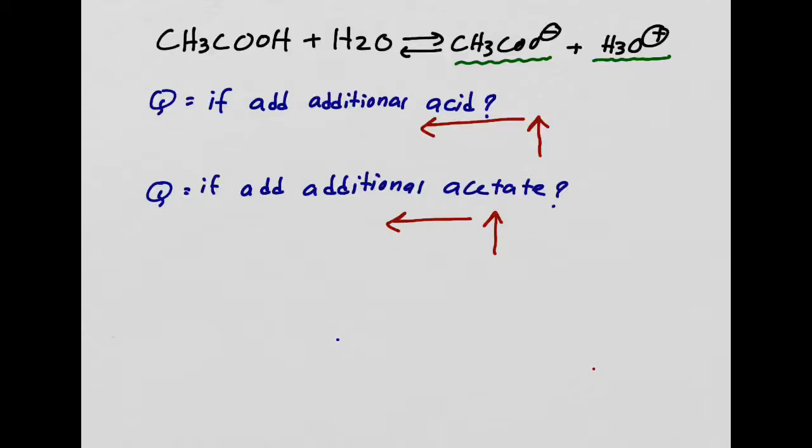Now let's do another practice for this. Let's say I have ammonia, which is a weak base. Okay, so this is ammonia. I do want you to know the name. So take a minute right now, and what I want you to do, write the hydrolysis for ammonia, because ammonia is a weak base, so you can write the hydrolysis for it.